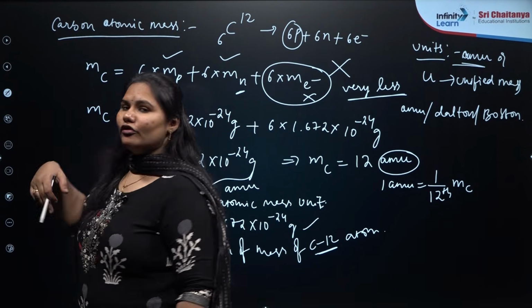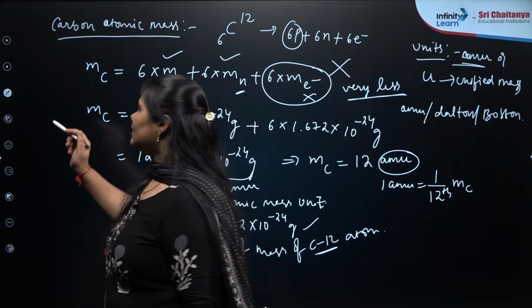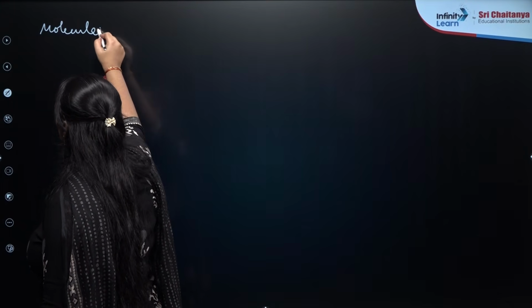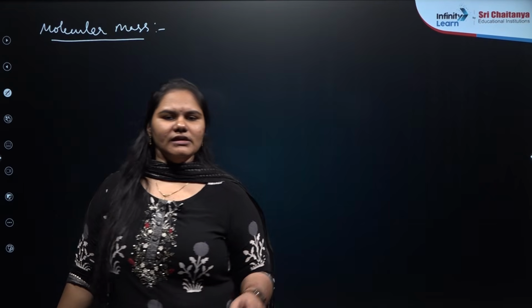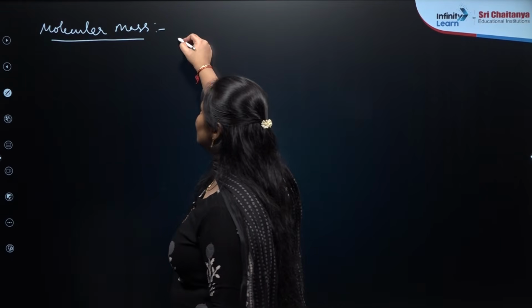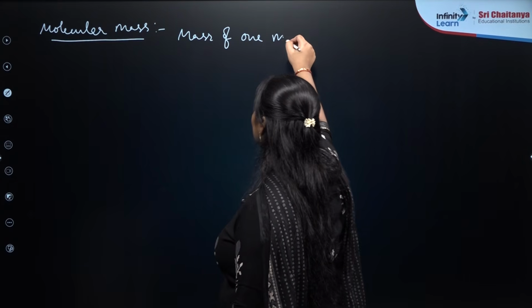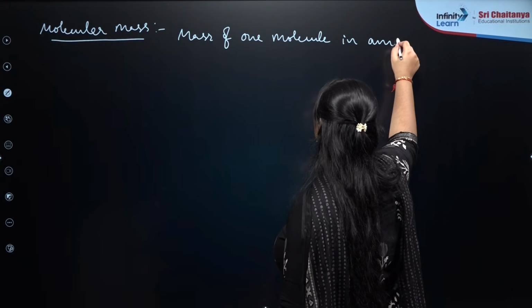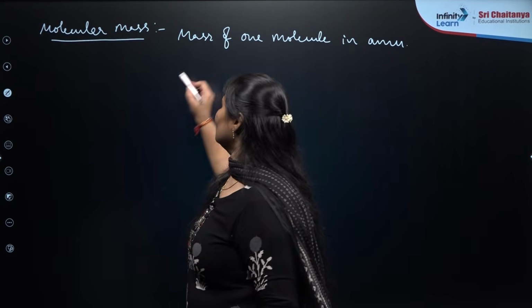Now, before going to gram atomic mass, let me also explain you molecular mass. Can you tell me, if atomic mass is mass of one atom, what could be molecular mass? Isn't it simply mass of one molecule? It is mass of one molecule. Units are same, Nana. AMU. What is molecular mass? Mass of one molecule.